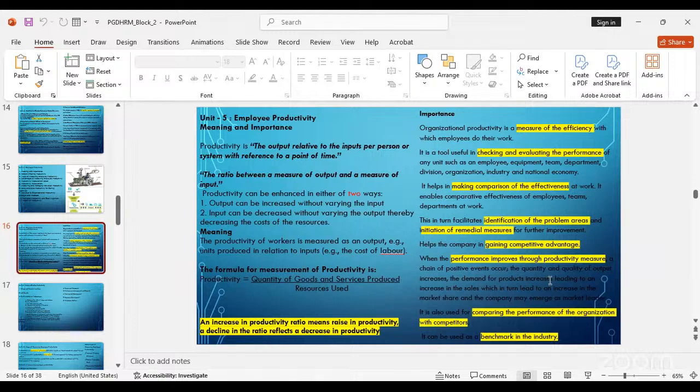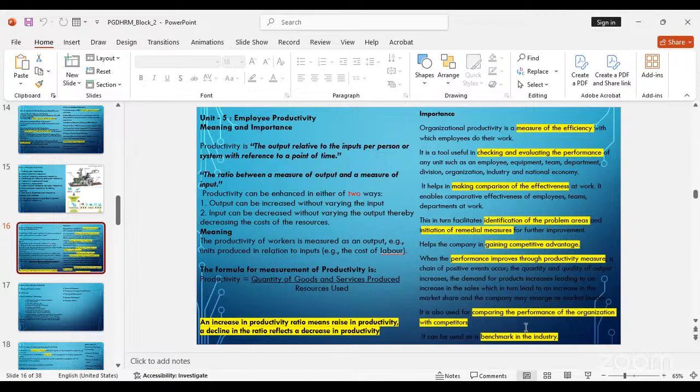Market share will increase. The sales will increase. All these increases make better market share, and the company emerges as one of the best companies or a pioneer in that domain, or makes them leaders in the particular business.